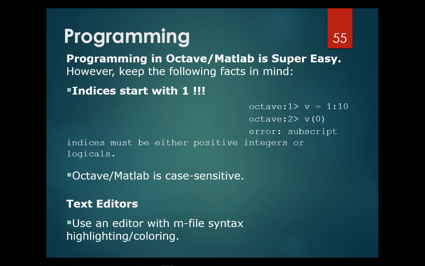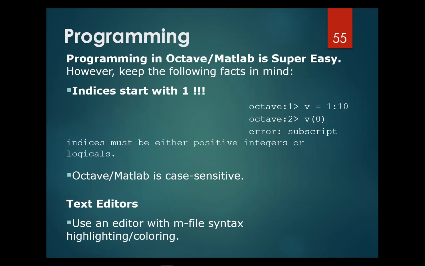Now we move on to the next thing that you have to note. In Octave programming, we use a text editor, and the text editor uses a file extension of M. So we normally call it an M file. That is where we do the coding, and when you save it, it saves as .m.